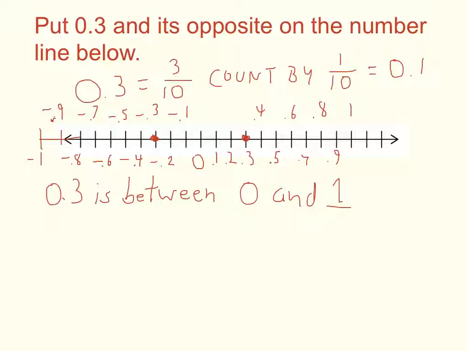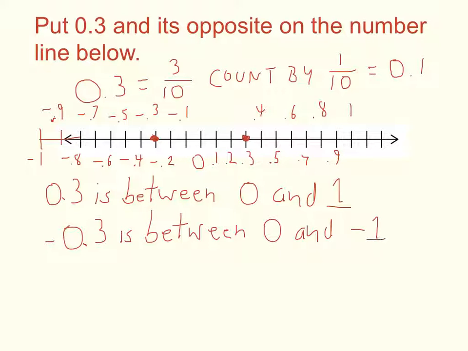Then the number I'm interested in, negative 0.3, I now know what it's between: negative 3/10 is between 0 and negative 1. So what we've done is put points on our number line. We did both a fraction on a number line, and we handled a decimal on a number line.